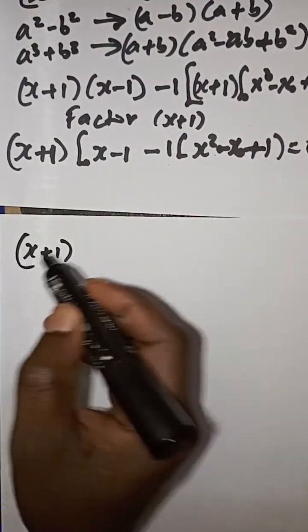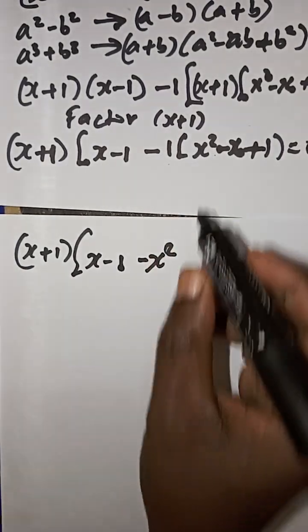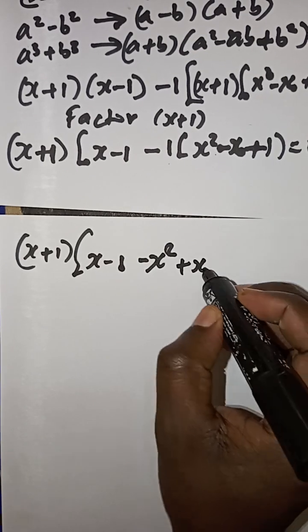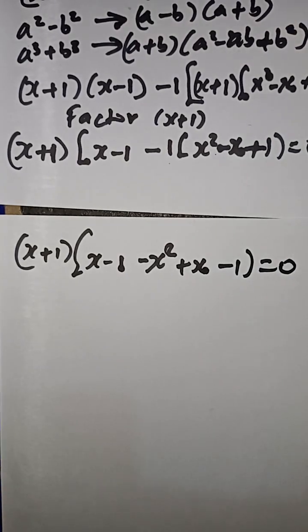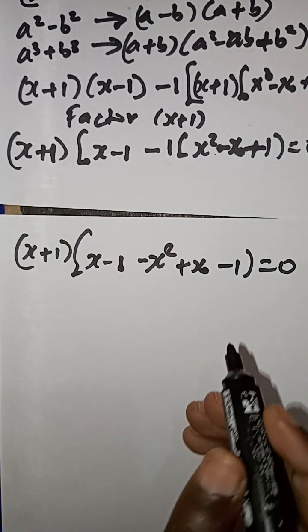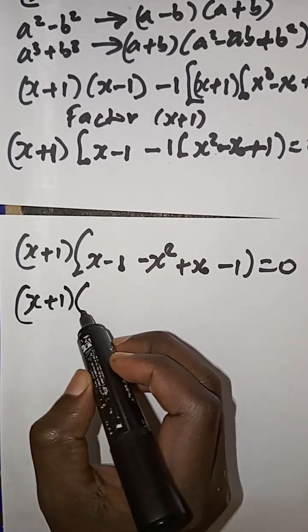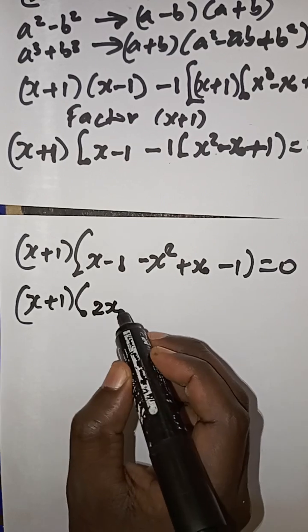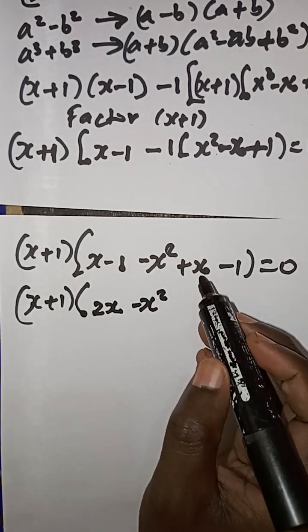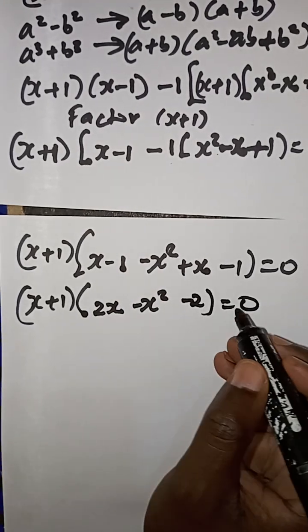Simplifying the inner bracket, I'm going to have x plus 1 in bracket x minus 1 minus x squared, opening the bracket, plus x minus 1 equals 0. So this can be further simplified as x plus 1 in bracket 2x minus x squared, you add this and this, minus 2 equals 0.